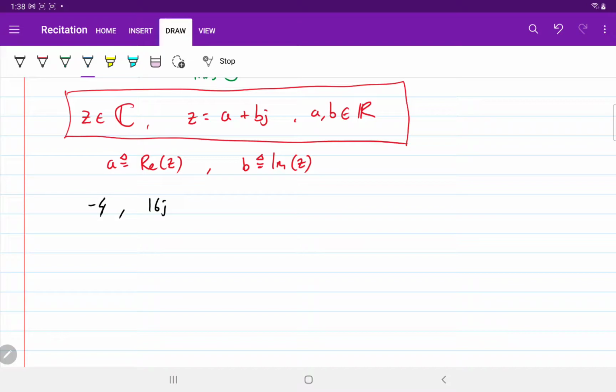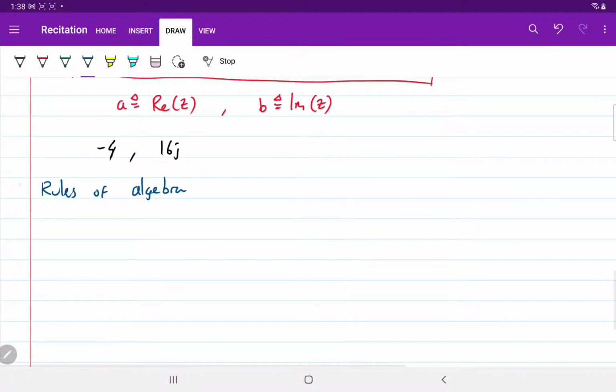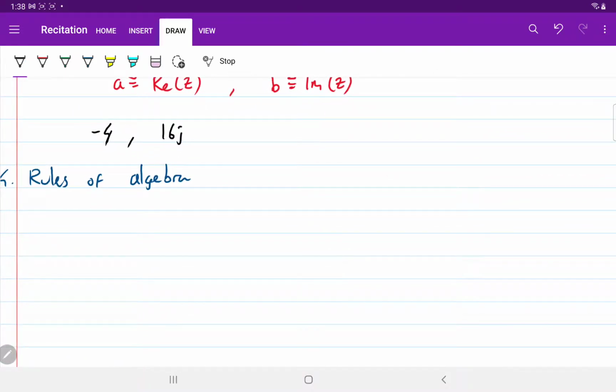Okay, so rules of algebra. This is number 4. Suppose that I have two complex numbers, z1 is a1 plus b1j, and z2 is a2 plus b2j.